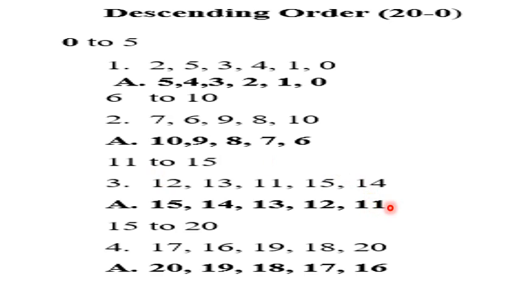Next, 11. Okay. 15 to 20. 17, 16, 19, 18, 20. How can we arrange that? 20, 19, 18, 17, 16. Here we have to do reverse counting. If you know reverse counting, descending order is the easiest one to do, children.